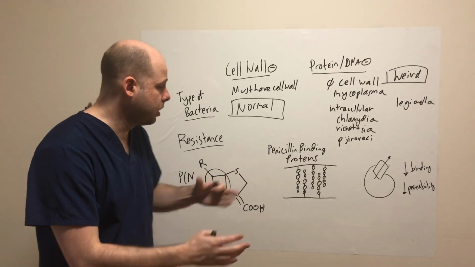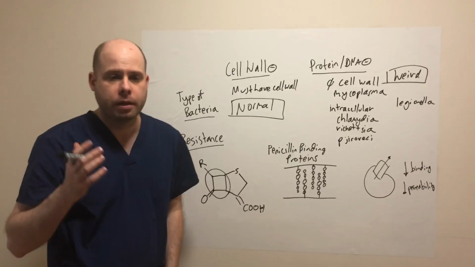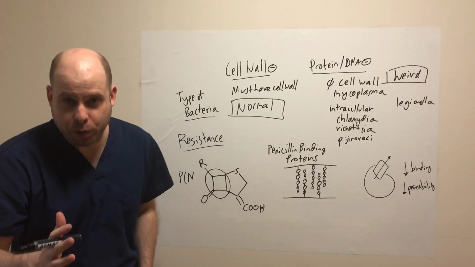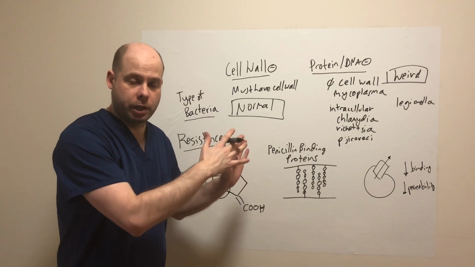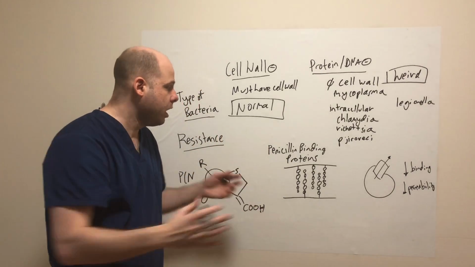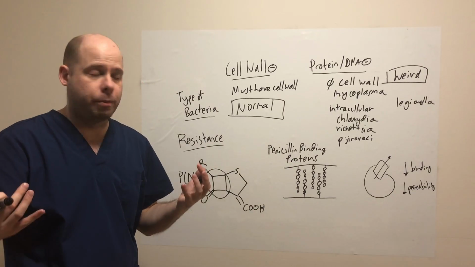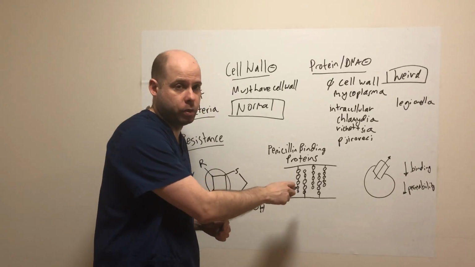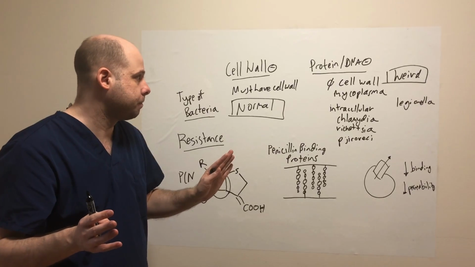Bacteria with cell walls produce a set of proteins that act to cross-link the cell walls together. Now, they weren't produced to bind to penicillin. They were produced to cross-link the cell walls, but that is a site where penicillin can bind. And so one mechanism of resistance is a change in these penicillin binding proteins that prevents penicillin from binding effectively.